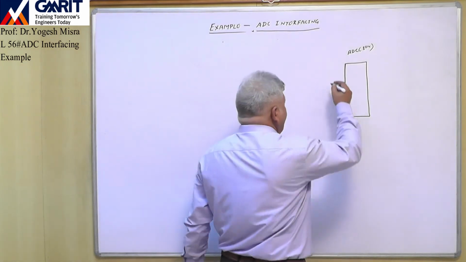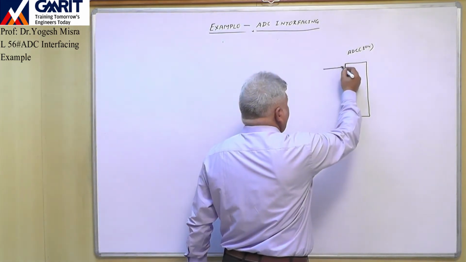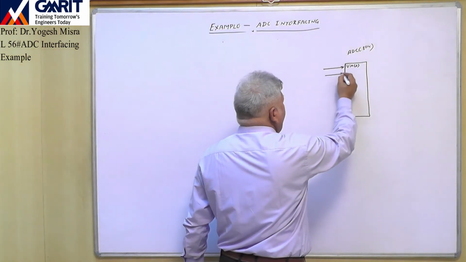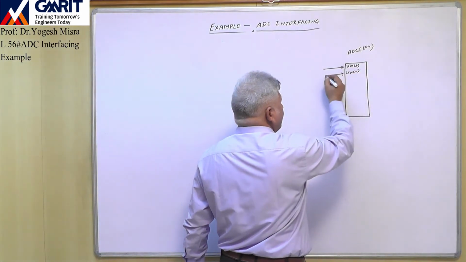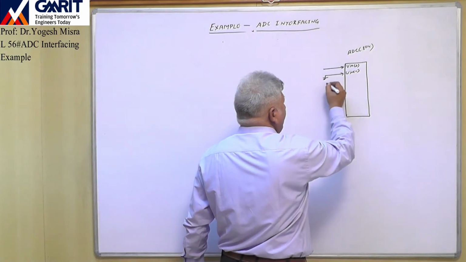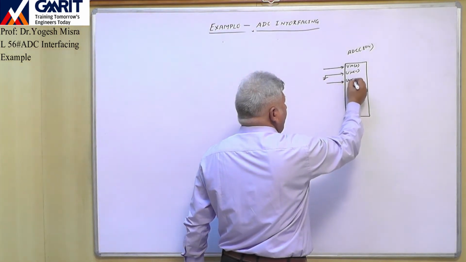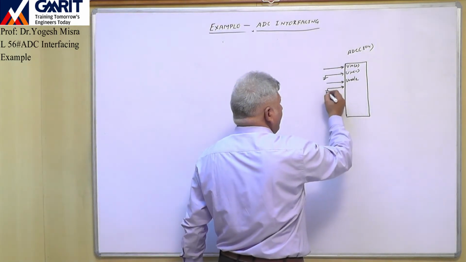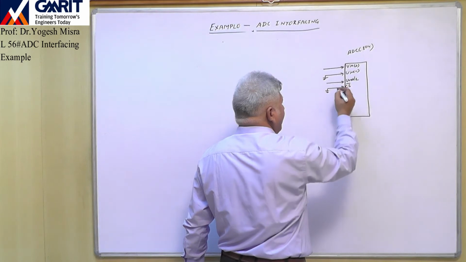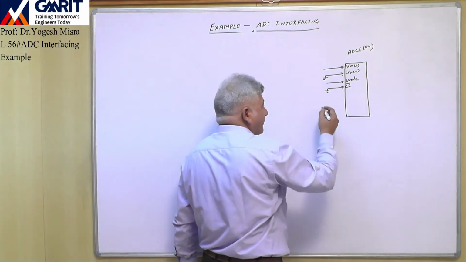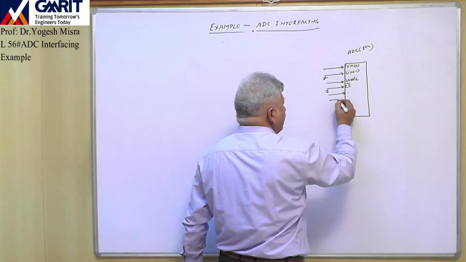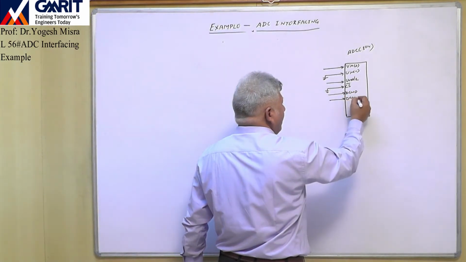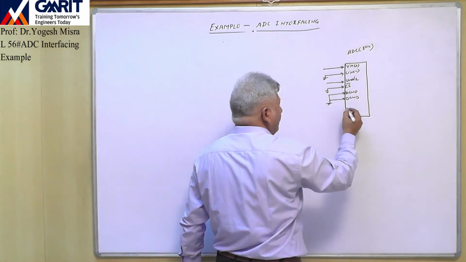Now in this ADC, this is Vin plus and Vin minus is connected to ground. V reference by 2 is open, and this is CS bar used to select this chip, and these are analog ground and digital ground, both connected to ground.